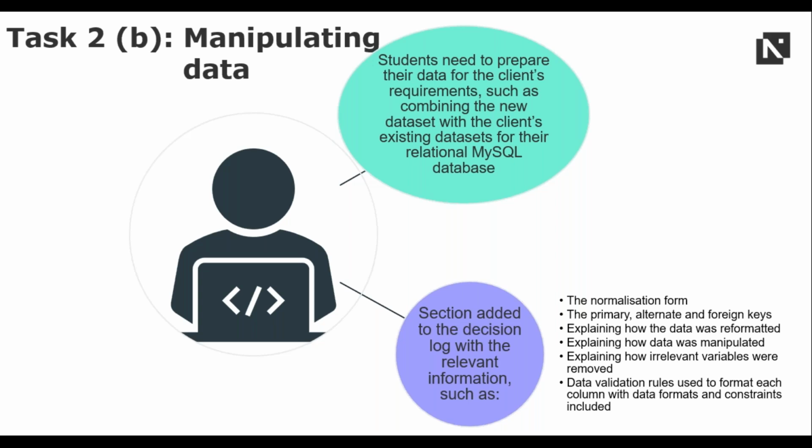The specifics to include will be stated in the brief for the students, such as the normalization form of this new database, identifying the primary, foreign, and alternative keys, explaining what they did to the data, such as reformatting, removing irrelevant information, and any data validation rules used.